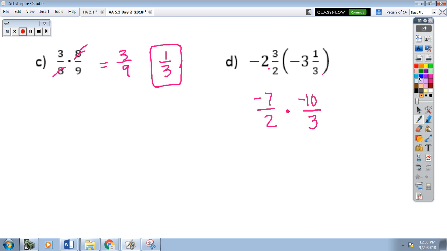The 10 and the 2 could reduce to be 5 and 1. Or you can multiply straight across the top and straight across the bottom. Make sure you notice that the 2 negatives get us a positive. And then could we reduce that? They're both even numbers, so you could at least factor out a 2. We'll get 35 thirds.